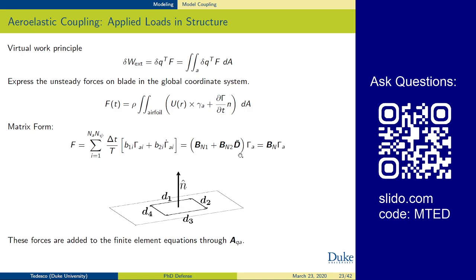And so we can write all of this as one matrix times the circulation on the airfoil. Once we get to this point, it's possible to do a little bit of math, which once again is outlined in the dissertation, to rotate this into the right reference frame, use our finite element methods again, and then include this in our model through a matrix that we'll call AQA. That will effectively model the applied loads in the structure as a function of the airfoil circulation.